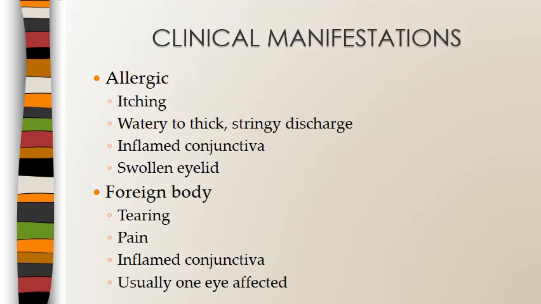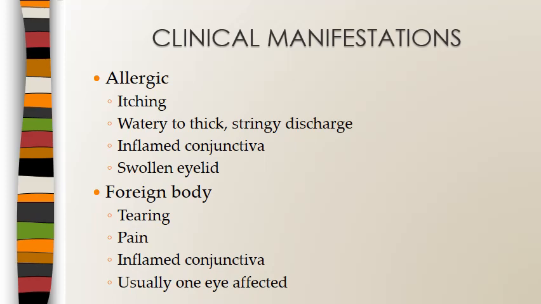With allergic conjunctivitis, you'll see that the eye is itchy. The drainage can be watery to thick or stringy discharge. The conjunctiva is inflamed and the eyelid can also be inflamed. Usually this type of conjunctivitis affects both eyes.